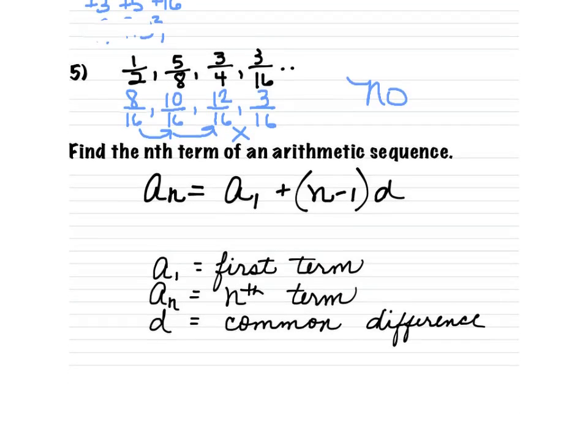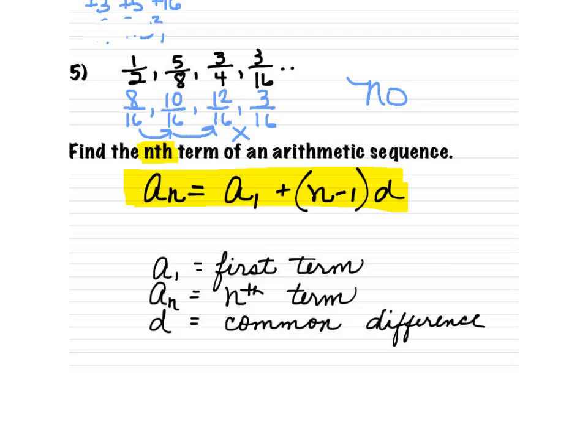To find the nth term of an arithmetic sequence, here's the formula that you will need. A with the subscript n is the nth term, equals A subscript 1, which is the first term, plus, and then in parentheses, n minus 1, close parentheses, times d. d stands for the common difference.